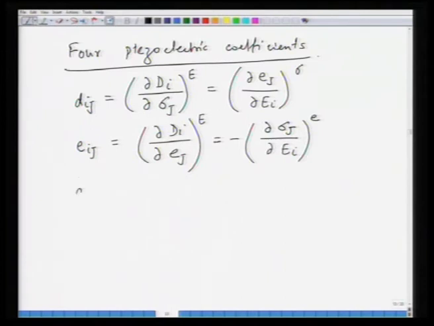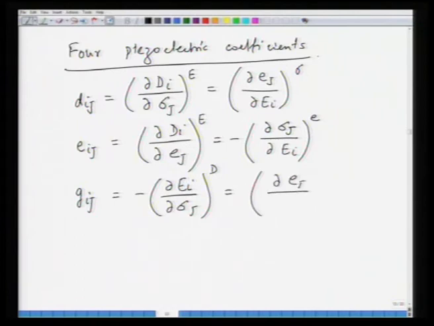And then you have g_ij, which is minus of del E_i to del of sigma_j at constant d, and this is equal to del of epsilon_j to del of d_i at constant stress.